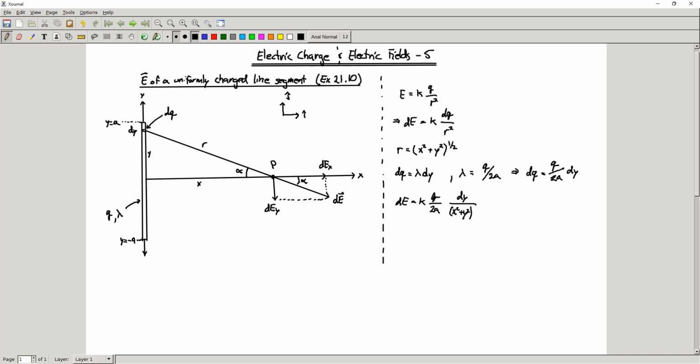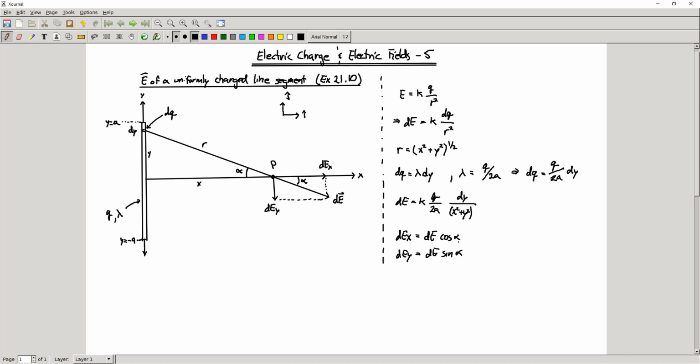And so it's going to be true that dEx is equal to dE cos alpha, because it's just the adjacent over the hypotenuse here. And also dEy is equal to dE sine alpha.